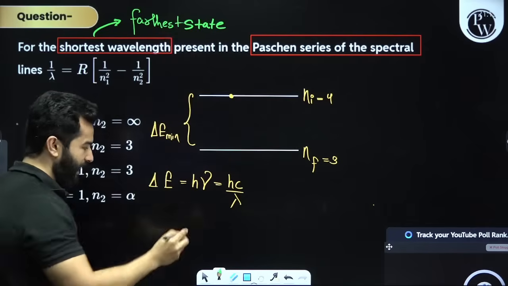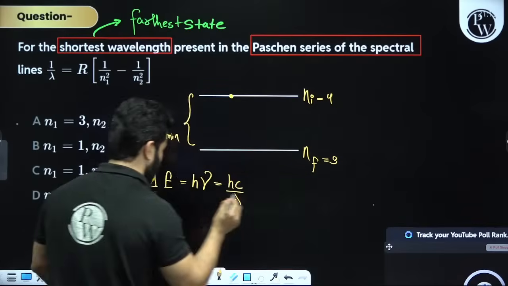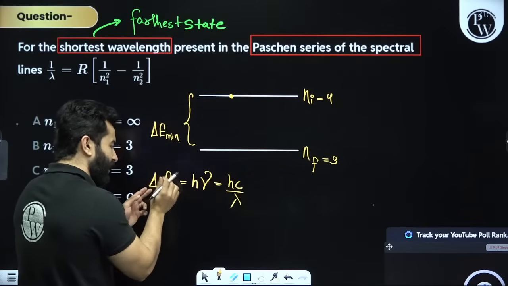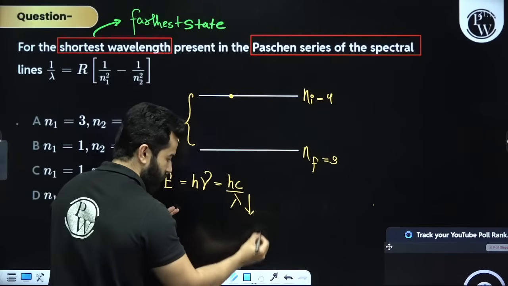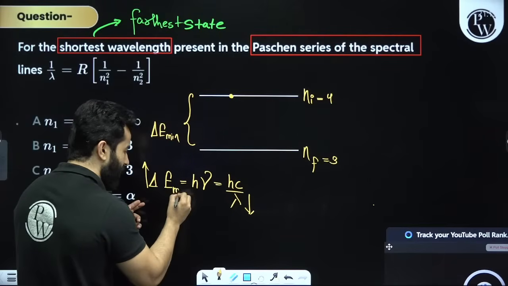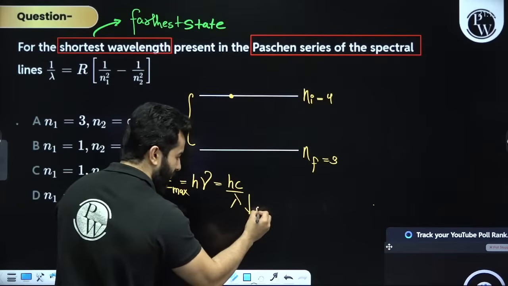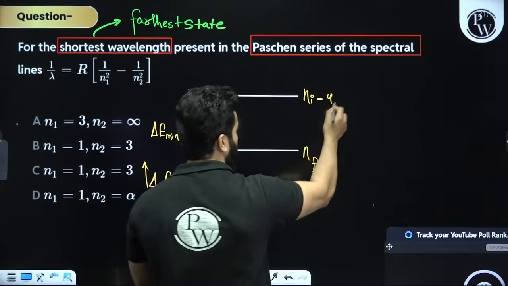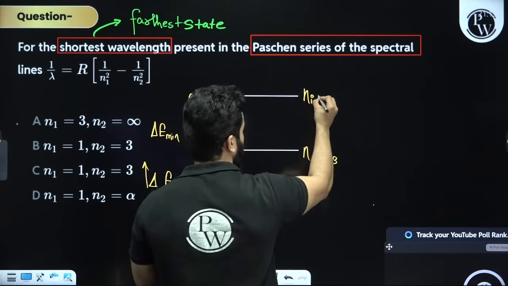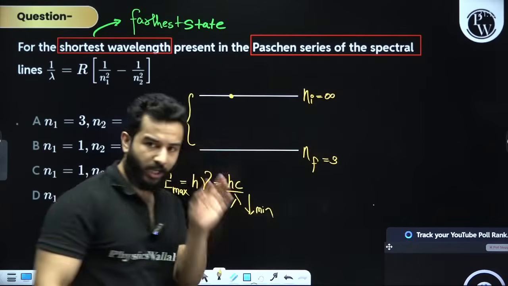The idea is that if delta E is maximum, then lambda will be minimum. Got it? That means this will come from infinity. For shortest, infinity.